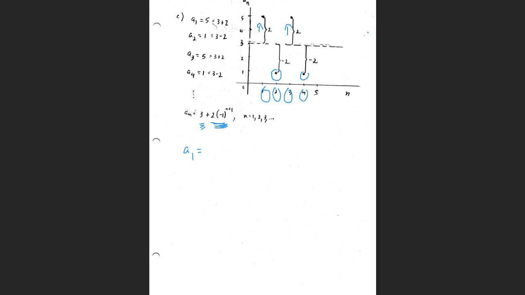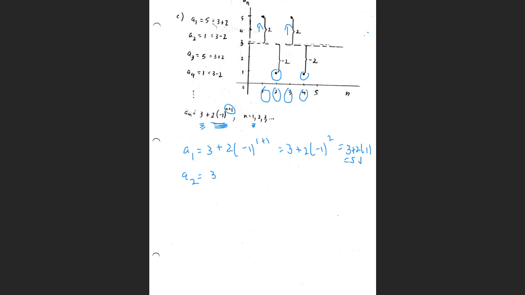So for instance, a sub 1 would be equal to 3 plus 2 times -1 to the 1 plus 1 power. Remember, we're starting n to be 1, so I have to adjust the power. That'll be 3 plus 2 times -1 squared. That's 3 plus 2 times 1, and that's 5.